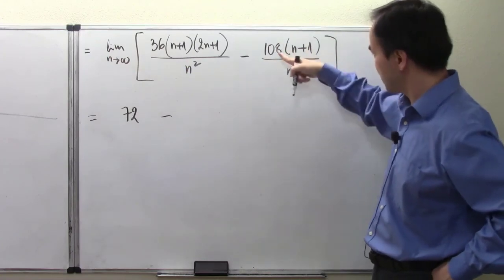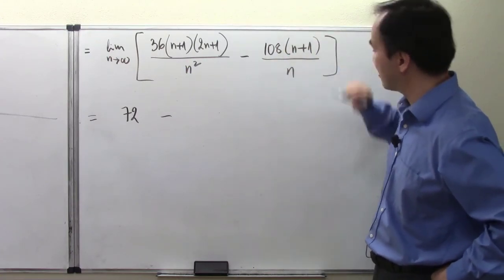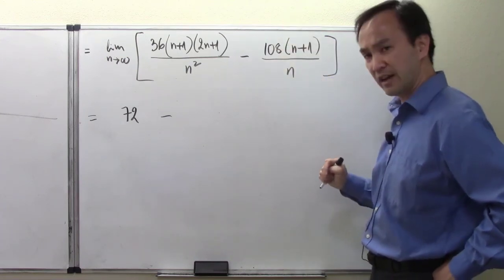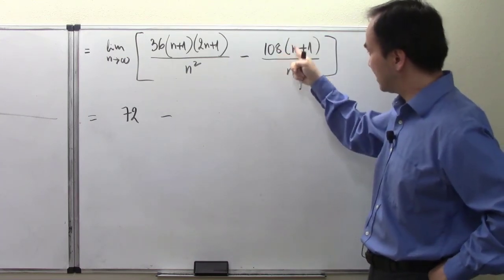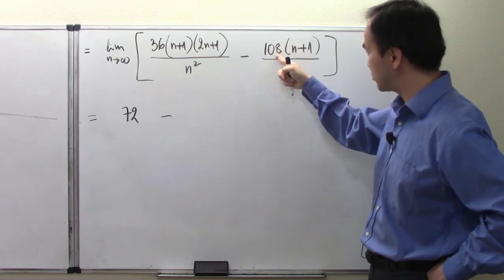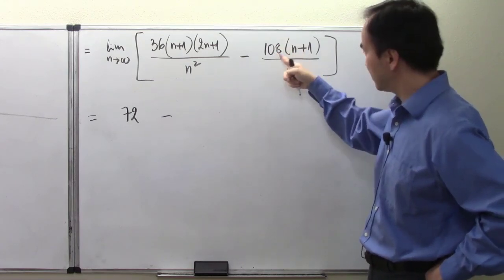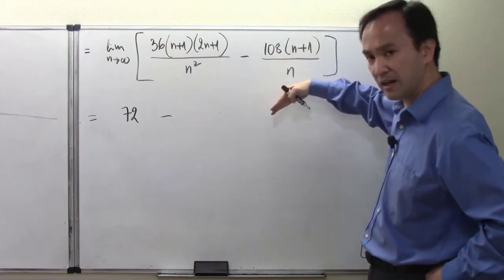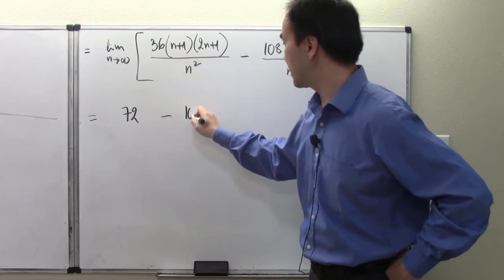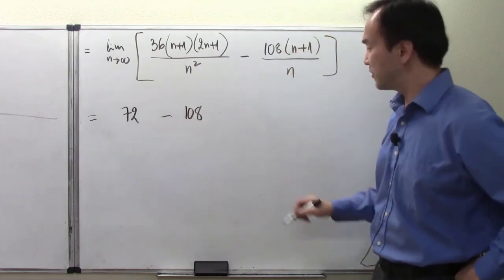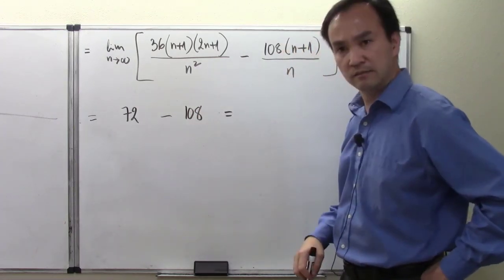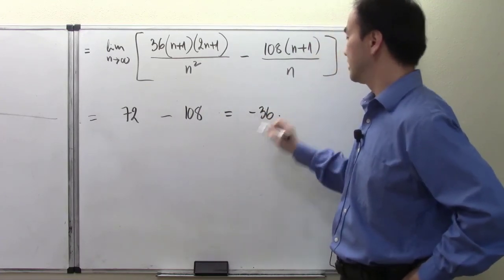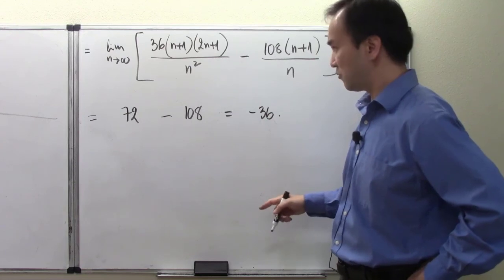We could distribute out the 108, but in the long run the leading coefficient on the top is minus 108 n, with the same degree top and bottom, so it's just minus 108. So 72 minus 108, a simple calculation, is minus 36.